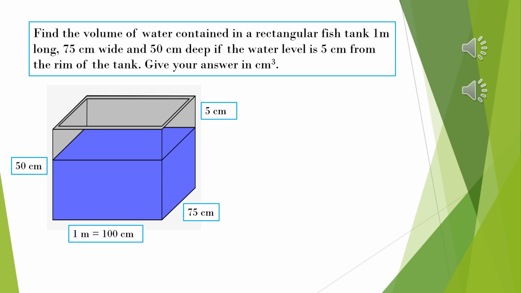Okay, so to find the volume, you will just multiply the length, the width, and the height. Volume is equal to length times width times height. So what is the length? 100 centimeters. Width 75 centimeters, and the height is 45 centimeters.